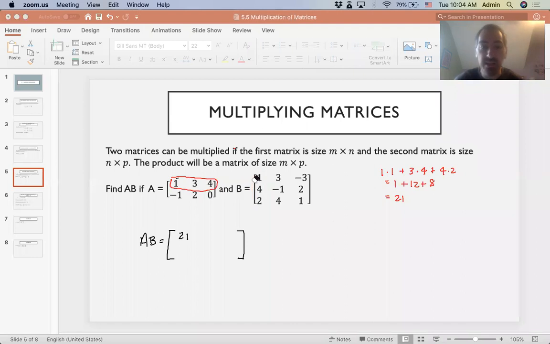All right, I'm going to continue doing that. I'm going to continue multiplying that first row by all of the columns in matrix B. This time I'm multiplying row 1 of matrix A times column 2 of matrix B. So that is 1 times 3 plus 3 times -1 plus 4 times 4, which is 3 plus -3 plus 16, which will equal 16.